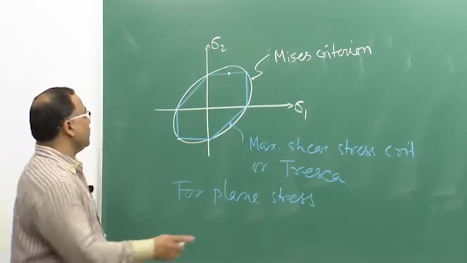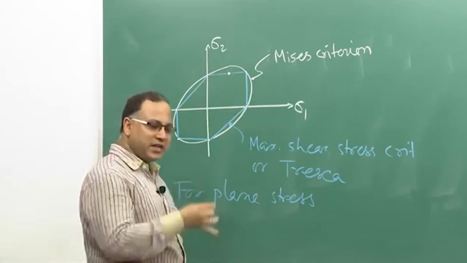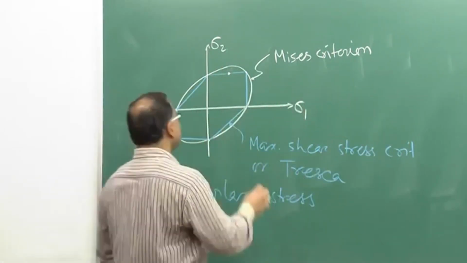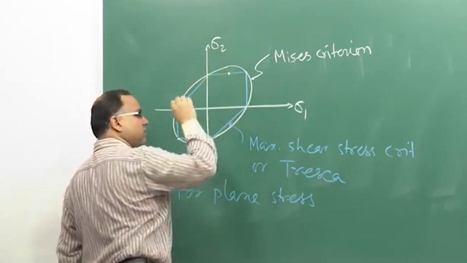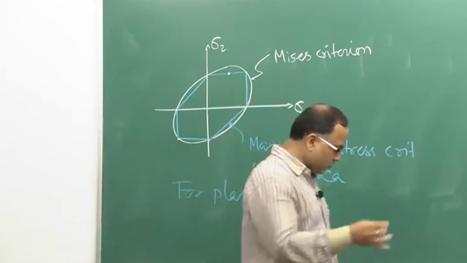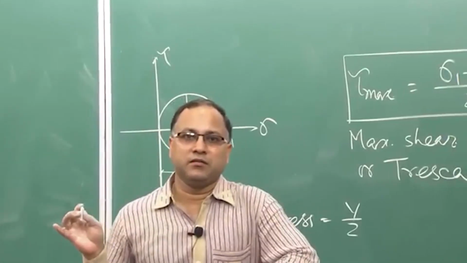So, when this point moves to this ellipse, then only you will be getting yielding as per von Mises, but as per Tresca you might have got the yielding when you reach this surface. So, this blue hexagon will give you the boundary for the Tresca criterion.